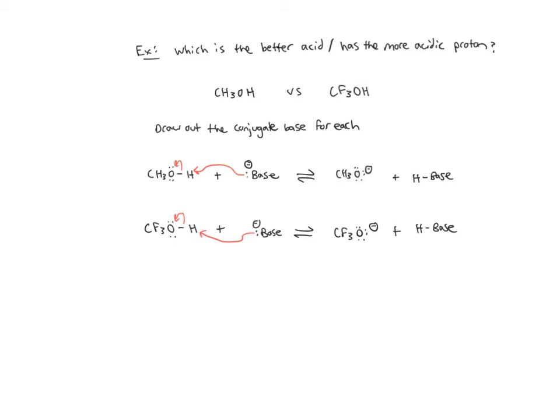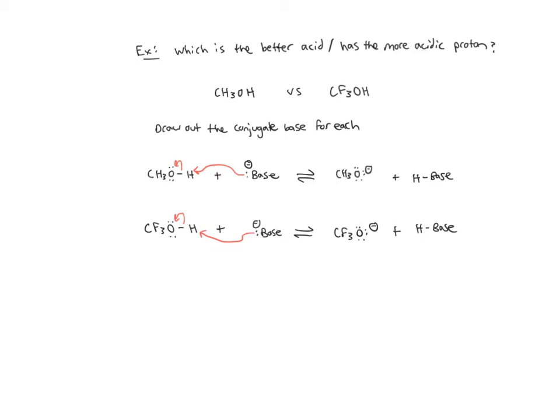I've sometimes seen people draw conjugate bases out with a positive charge because they're like, oh, it's charged, but they're not really thinking about what's happening with those electrons in the bond. How exactly is that forming? That's why we always want to think about that mechanism to make sure that we're drawing the right species so we can talk about it properly.